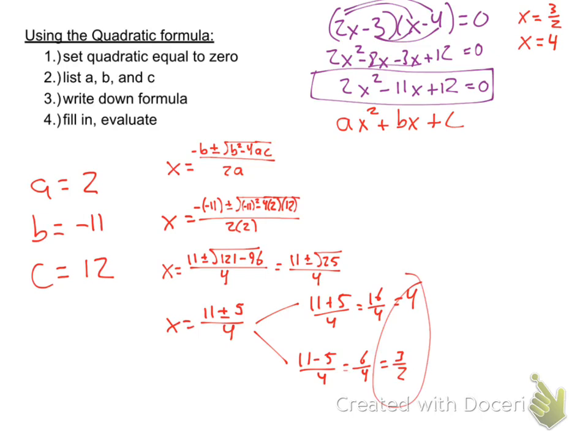Do you guys recognize that those are the answers that we started off with? Now, these were relatively nice numbers. Quadratic formula, remember, works with imaginary numbers, things that will have square roots, so irrational numbers, non-factorable quadratics.